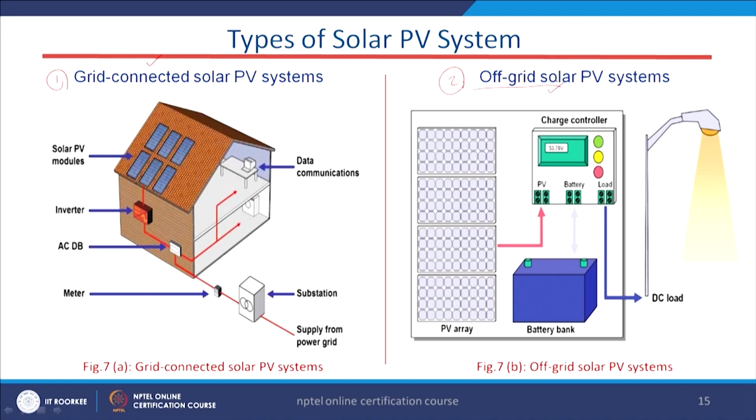Where is it required? Mostly in rural areas where we cannot supply to the remote end loads. In that case we can install solar panels to supply the power to the loads. That is the first requirement of off grid solar PV systems, which we also call islanded, or the stand alone mode of operation of the solar system.